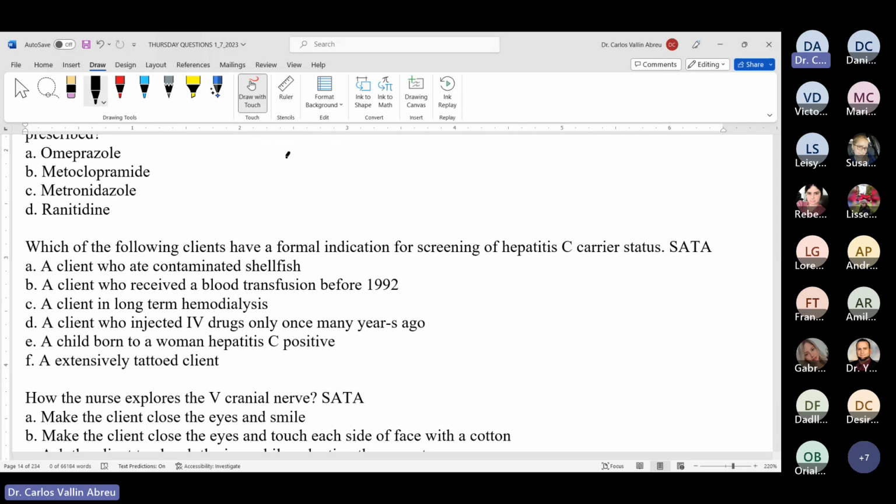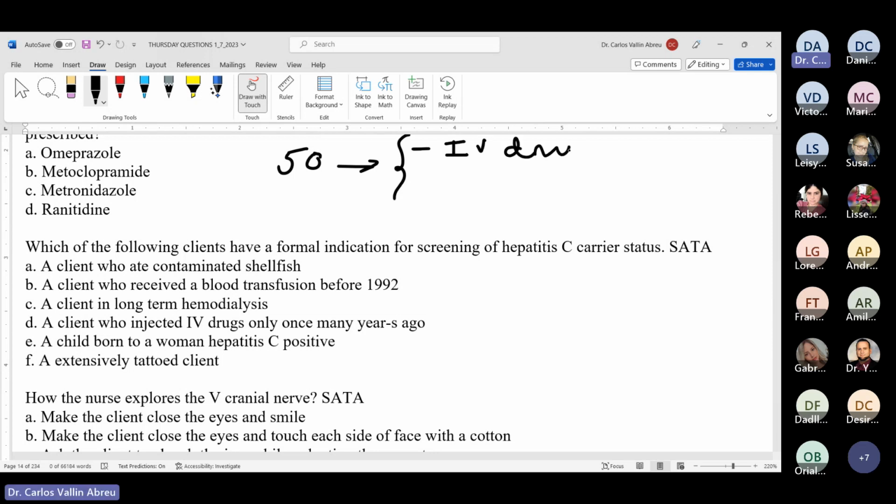The reason for which those older than 50 require this screening is because this generation, the generation called the baby boomers, was a generation that frequently used IV drugs.